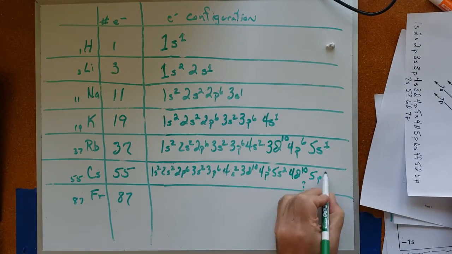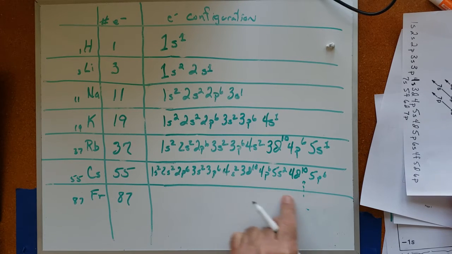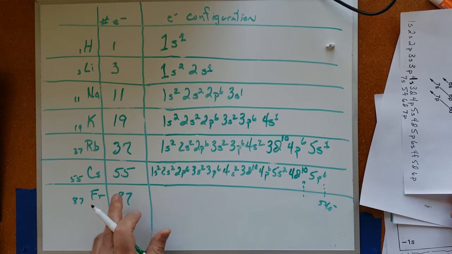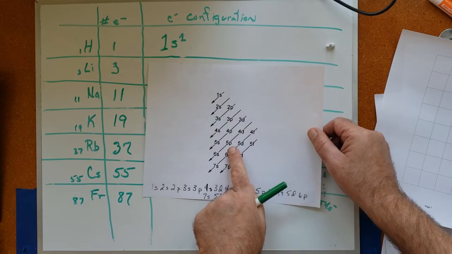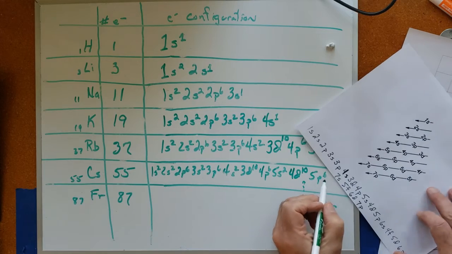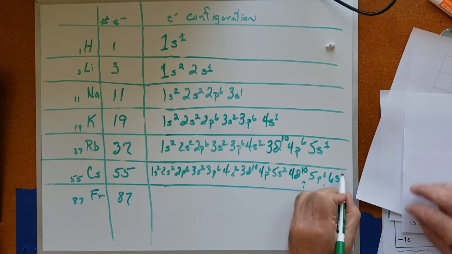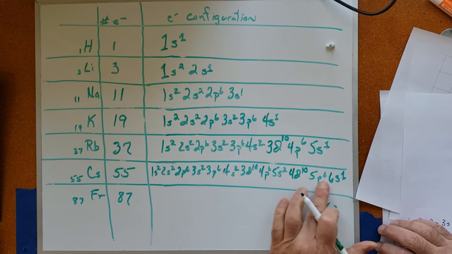So 5p6, that'll take us up to what, 54 electrons. And I only have to put one more in there, right? So what's after 5p? After 5p comes 6s, so it'll be 6s1. Let me get rid of that.